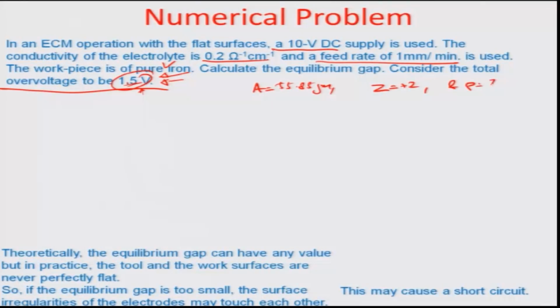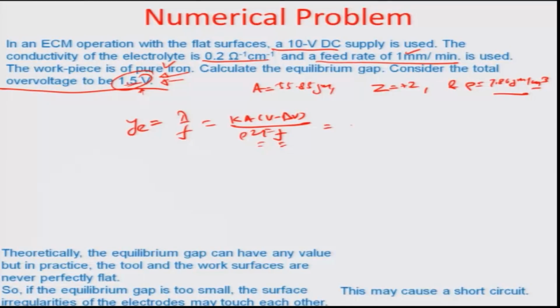The density of iron is 7.86 grams per centimeter cube, and if we look at now the equilibrium gap YE, which is otherwise given by lambda by F, in other words could be given by K times A times V minus delta V divided by rho Z into Faraday constant capital F times the feed rate in millimeters, in centimeters per second. So, because we want to convert everything into centimeters units and second units, because current again is represented in that manner.